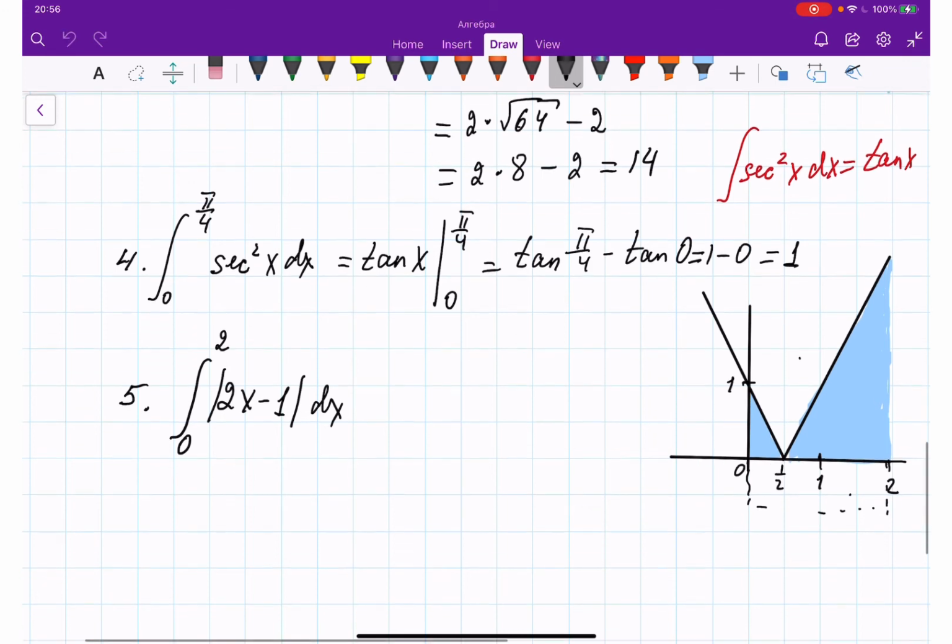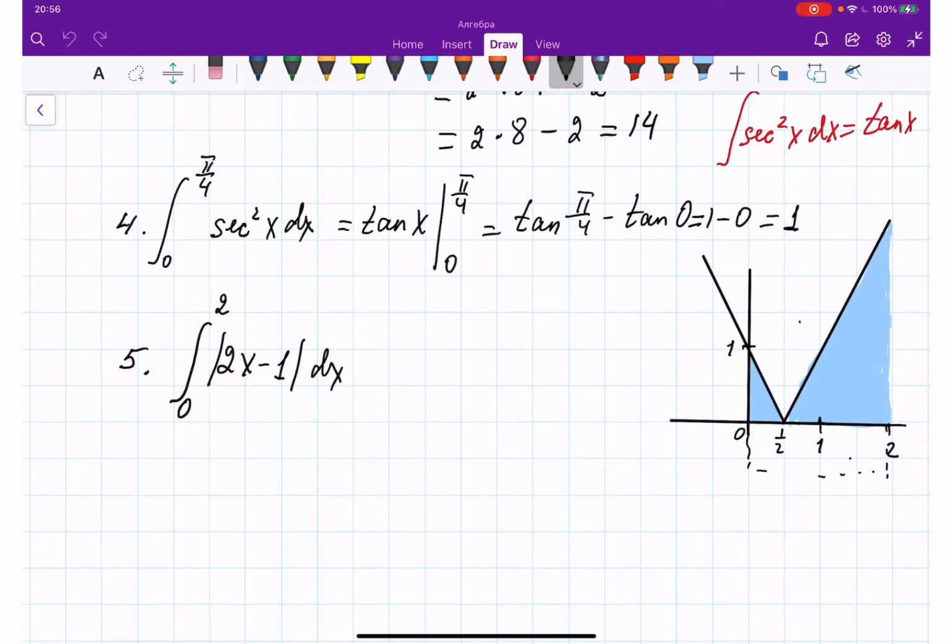So let me write down. This is equal. Let's evaluate it, see how much is the area. I cannot figure out the area of both sides at once. So I'm going to figure out the area from 0 to 1/2.